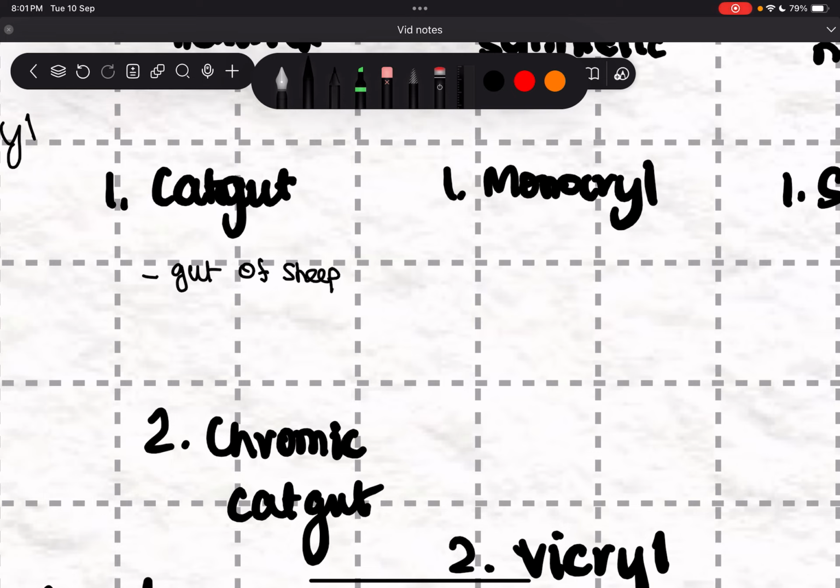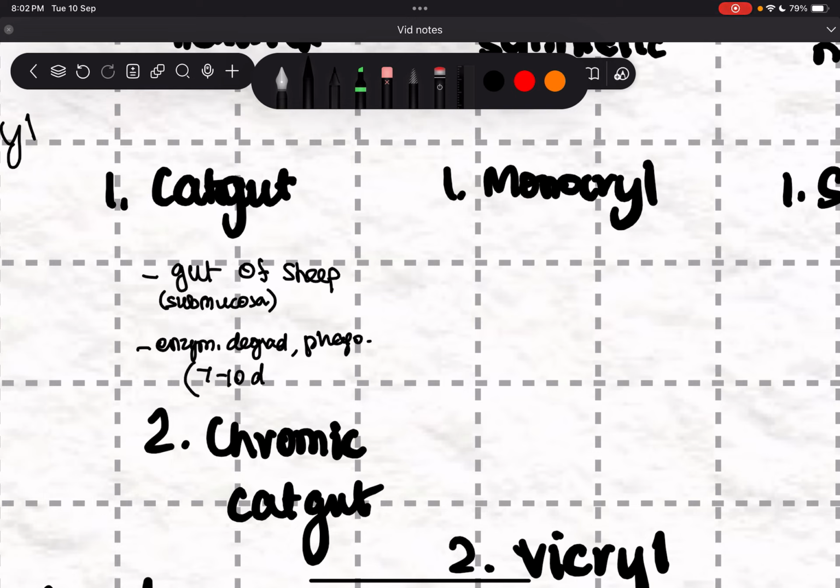In detail, gut means submucosa of sheep, and enzymatic degradation and phagocytosis occurs within 7 to 10 days.